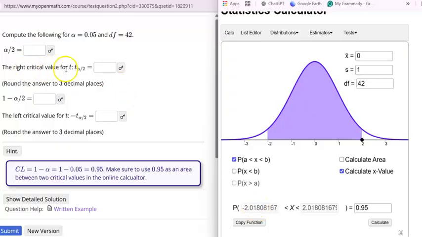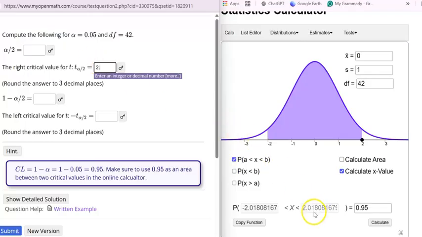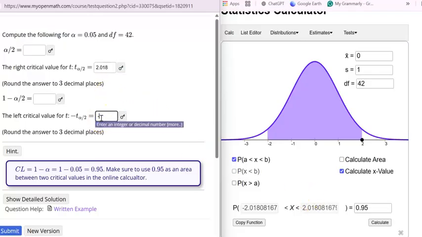So in this case the right critical value is going to be, it's just a 3 decimal, so 2.018. Another one is going to be negative 2.018.